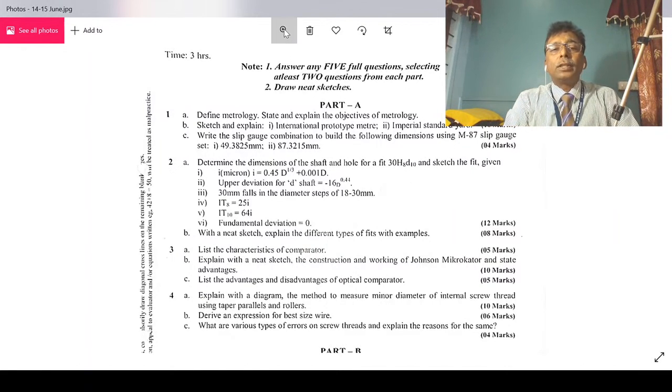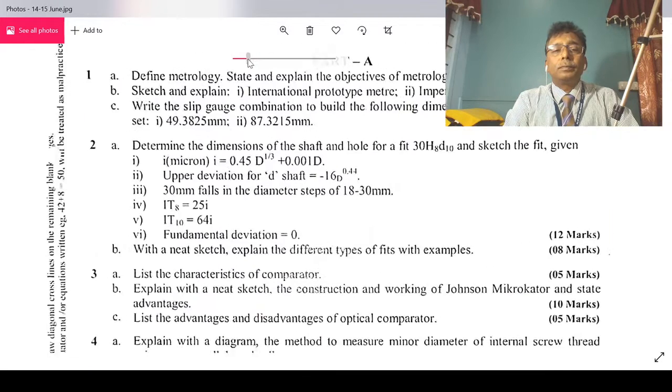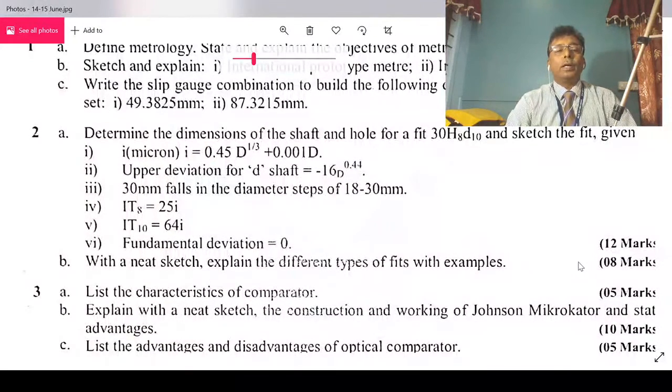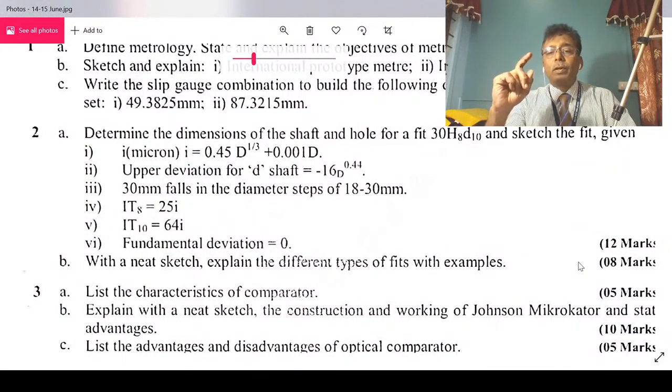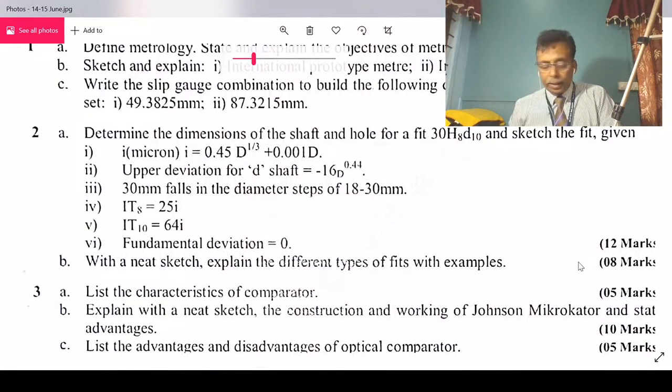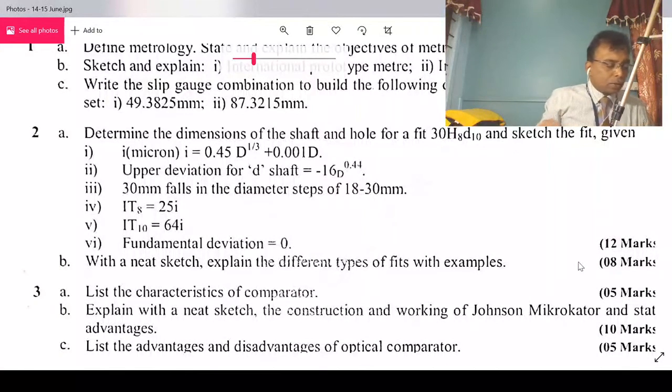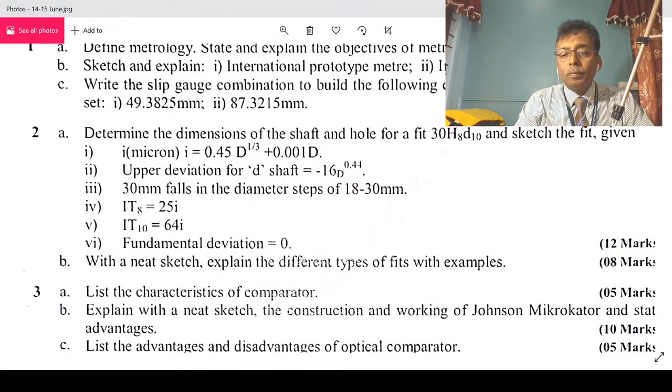Let me enlarge that first. Okay. Determine the dimension of shaft and hole for a fit of 30 H8 D10. Right. Let us solve it here. Let me write it down for you. Let me enlarge the window.